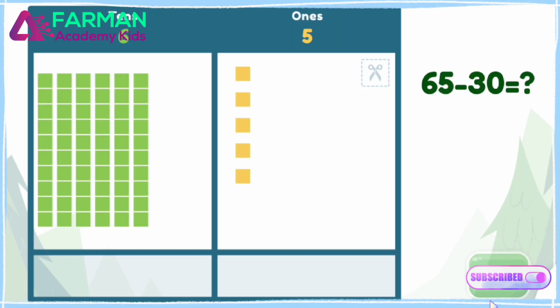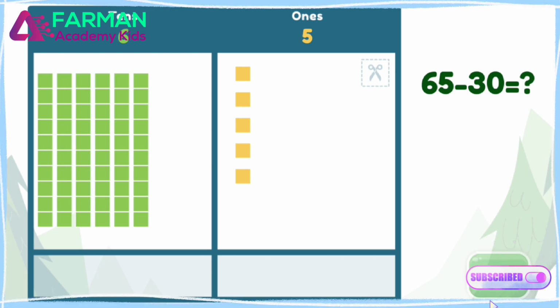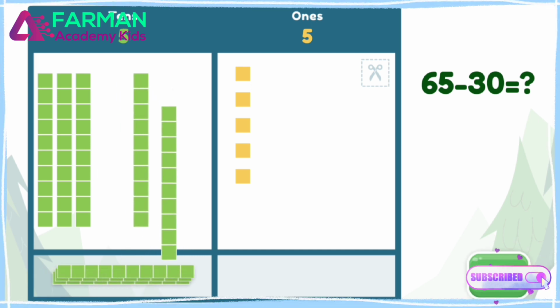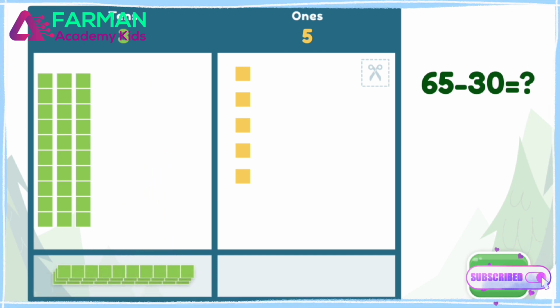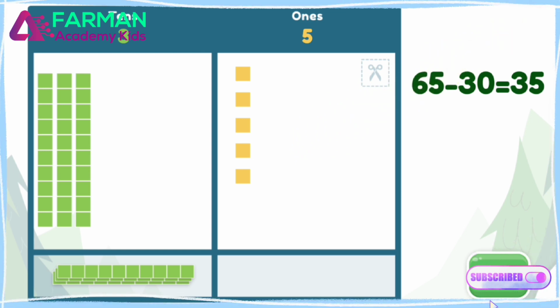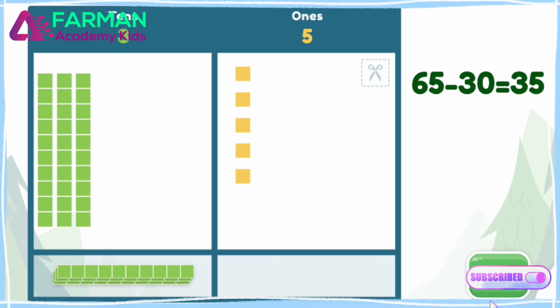Solve the equation by subtracting 65 minus 30. Nice! You took away rods to subtract from the tens place. Now let's do some vertical equations with bigger numbers.